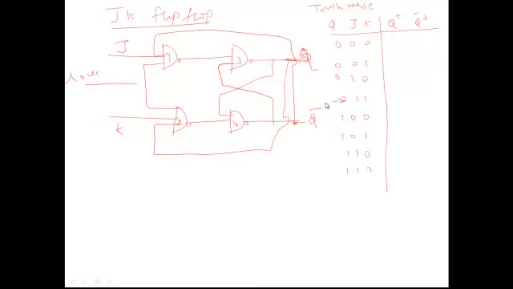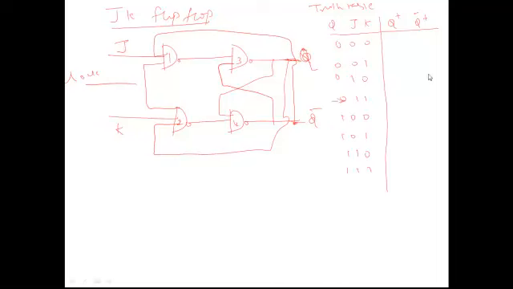So two combinations. One is, if any single input of the NAND gate is 0, then you will directly declare, you need not worry about what the other inputs are, the output is 1. Otherwise, you have to wait and understand that all the inputs are 1. Then only you will declare the output is 0. So these two combinations you will have to work.